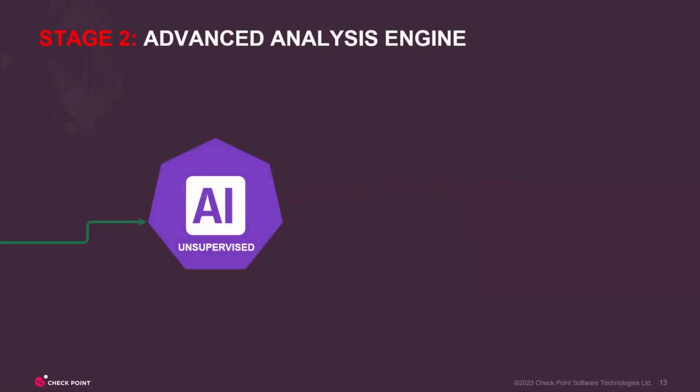This second stage is critical, right? This is what allowed us to stop a lot of the zero days over the last few years for our customers. This advanced analysis engine, right? This is where the interesting stuff happens, right? Suspicious requests are analyzed in this contextual machine learning evaluation engine to gain further confidence that any HTTP request, which was indicated as potentially malicious, is indeed an attack, right?